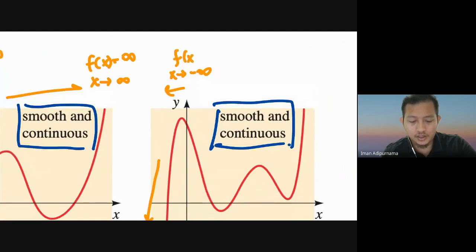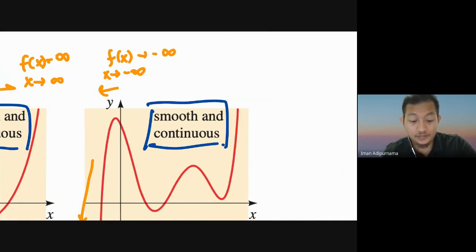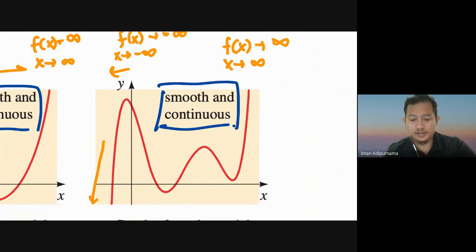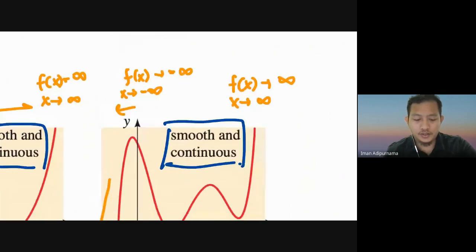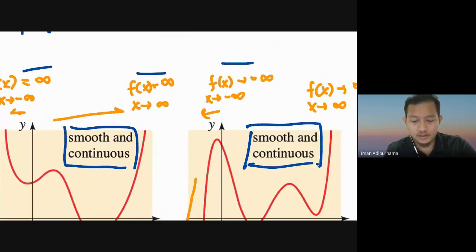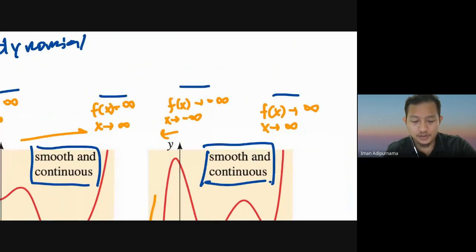So f is getting negatively large, and as x goes to infinity, the function is getting larger and larger. Okay, all these results, we call the end behavior.